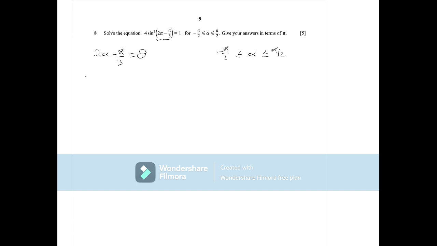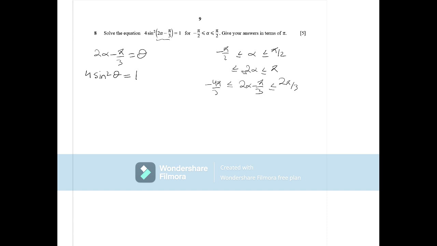So the equation simplifies as 4 sine squared theta is equal to half. Let's work out the range of theta. 2 alpha would be between pi and minus pi, and then 2 alpha minus pi by 3 would be between minus pi by 3, pi minus pi by 3, which simplifies to negative 4 pi by 3 and 2 pi by 3.